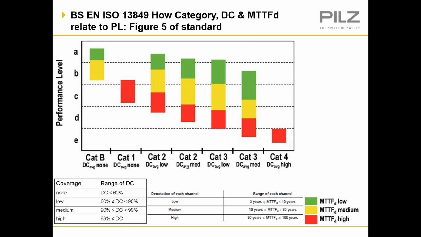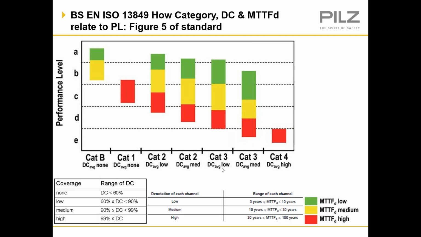This is why they're linked, because you can't have the category without the diagnostic coverage. Green is low, yellow is medium, and red is high. This chart is intended mainly for designers to evaluate how they could achieve a desired PL. It's not really intended to verify which PL has been achieved.